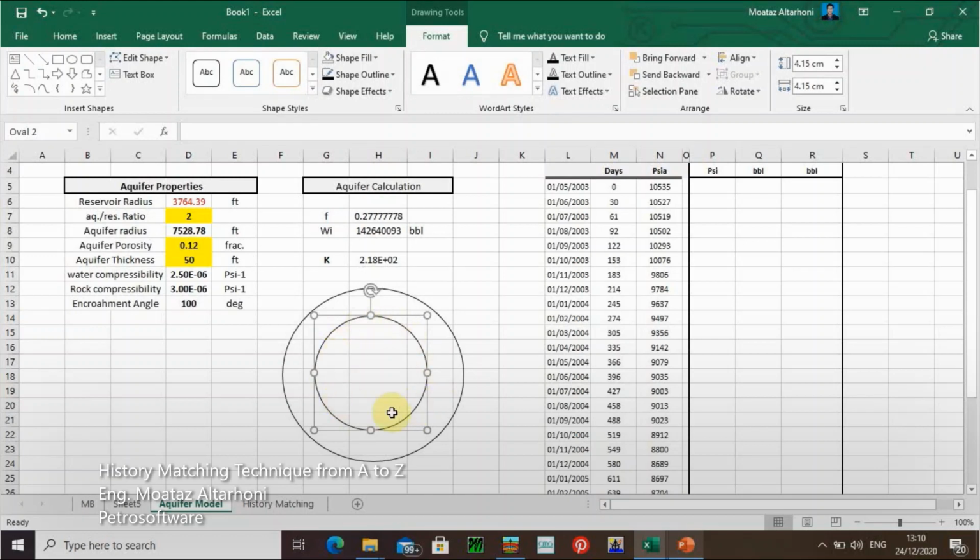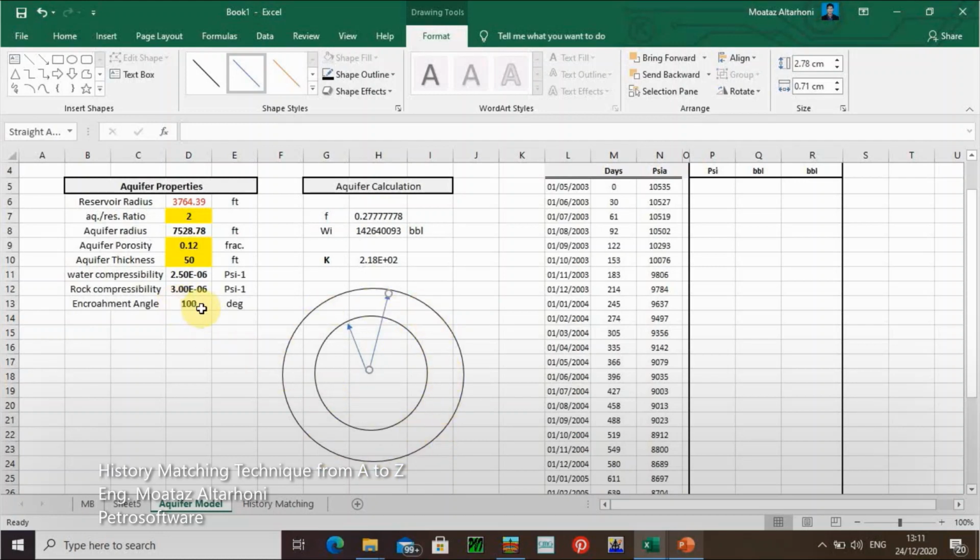Our reservoir acts as a circle, so the reservoir radius from a center point to here is this value, and the aquifer radius is this. I don't know where the boundary or end of the aquifer is, and whether the water invaded into the reservoir from all of these sides or from part.